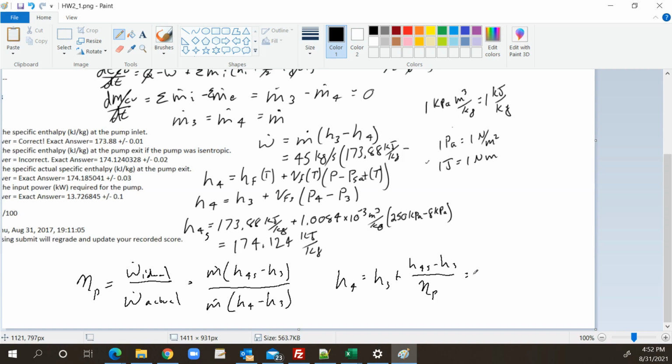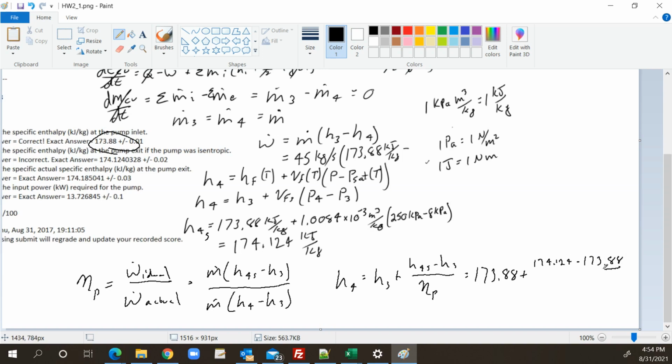And so in this case, I have h3 shown here, 173.88, plus my h4s, which is 174.124, minus 173.88, divided by my efficiency, which I believe was 85% or 80%.